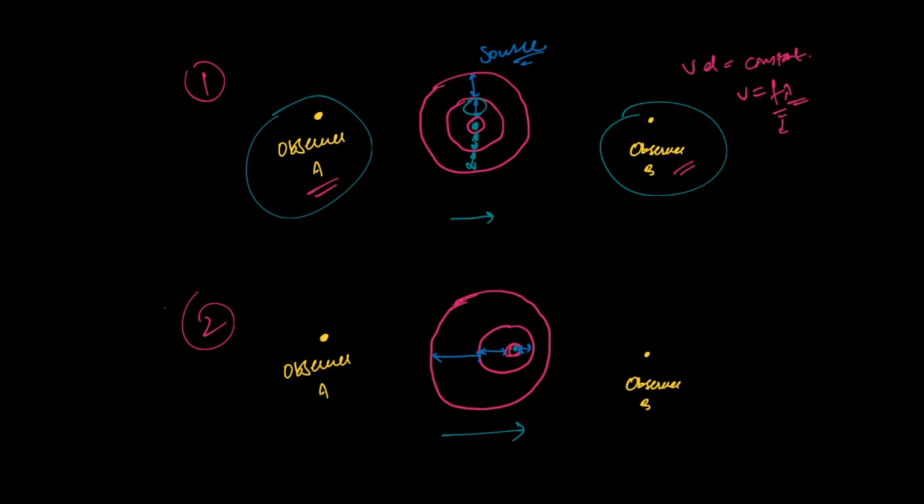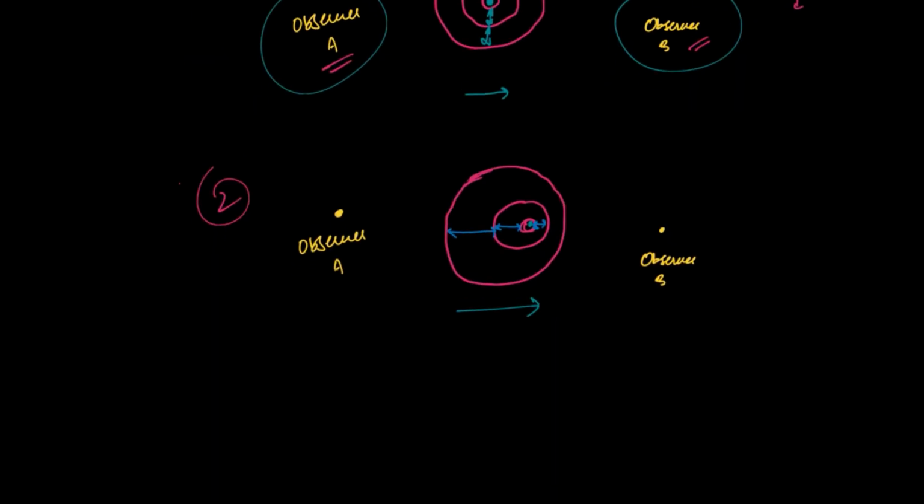So what basically happens? Why do two different observers positioned at different places hear different frequencies of wave, differently pitched sounds, even though the sound is coming from the same source, but the source is moving? So the reason is, take an example of this specific scenario where the object is moving and the waves that are produced.